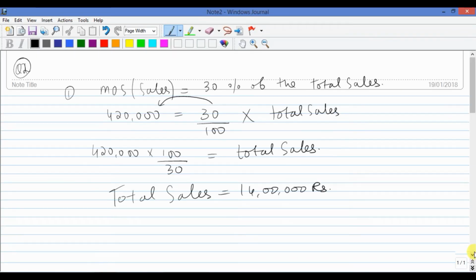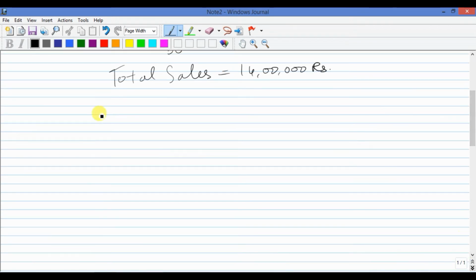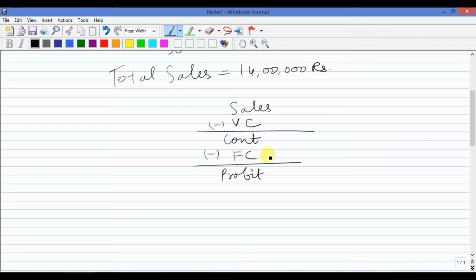So I'm in a position to prepare a table. We have sales less the variable cost will give me contribution, minus the fixed cost is going to give me the profit. Here I am having the total sales as 14 lakhs, so here I will be writing 14 lakhs.